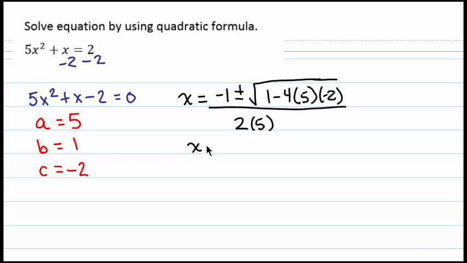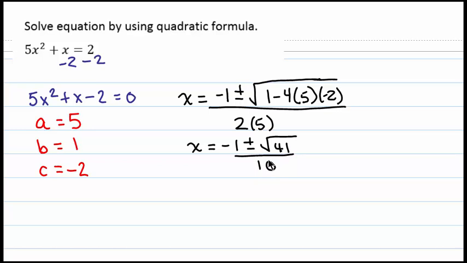So now I have x is equal to negative 1 plus minus the square root of 1 plus 40, which is 41, divided by 10.